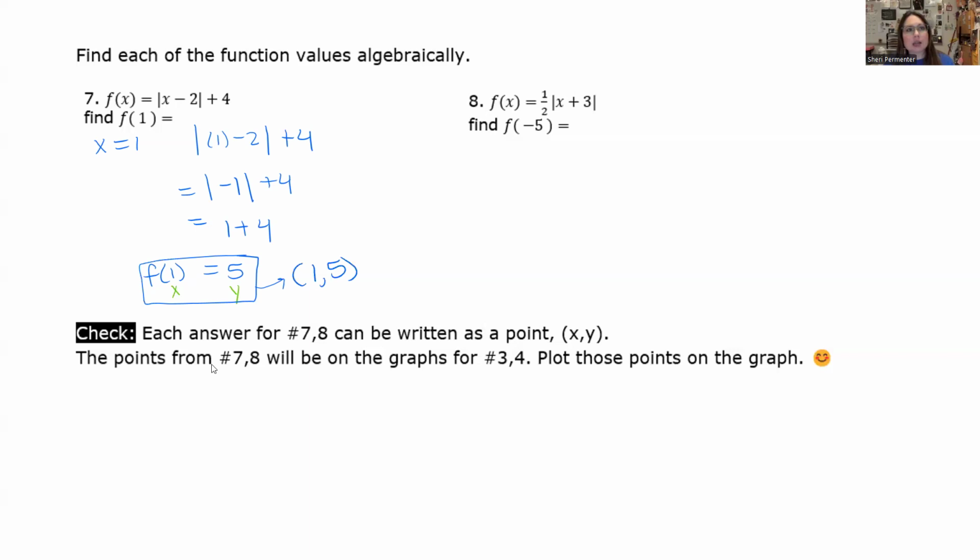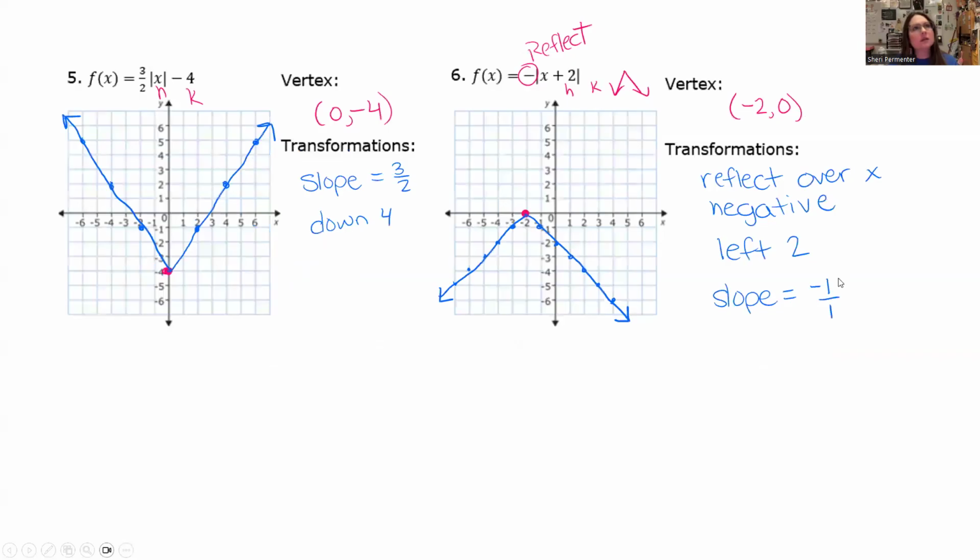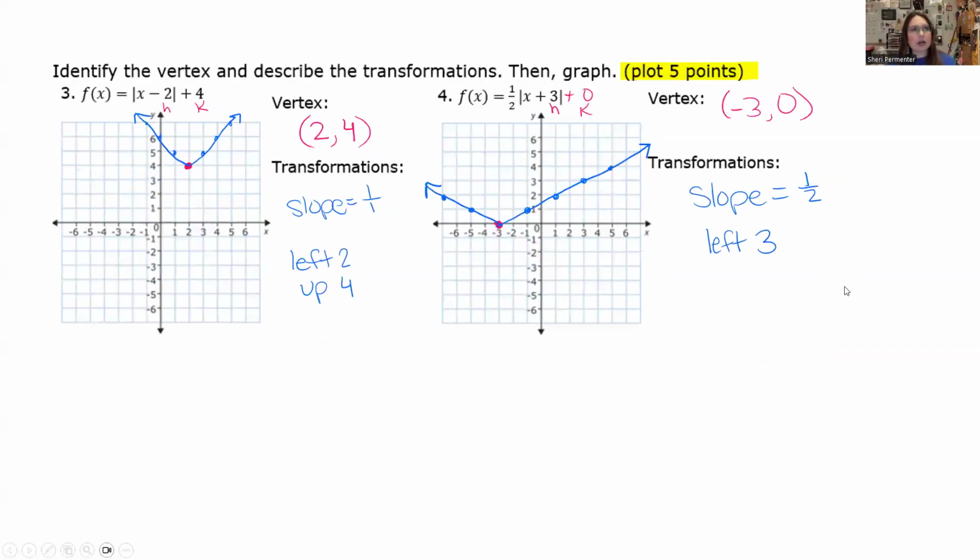On graphs 3 and 4, I'm going to go back in our notes. Graph 3 and 4 said that it has the point 1, 5 on it. So I'm going to plot this point. This was from question number 7.